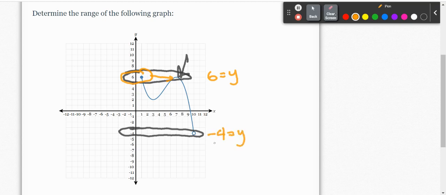Now we're looking at y heights, not the x values. Don't get distracted by the 1. Don't get distracted by the 10. They don't mean anything for range. Range is just low to high. And so the lowest value is -4, and the "to" just turns into a comma, and then 6.